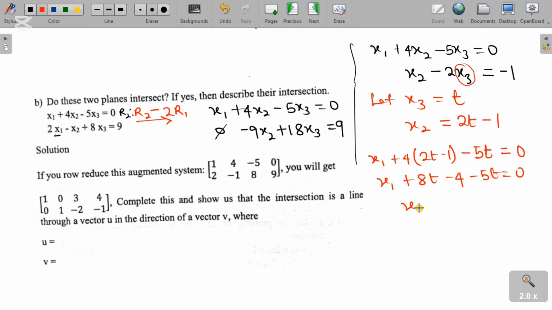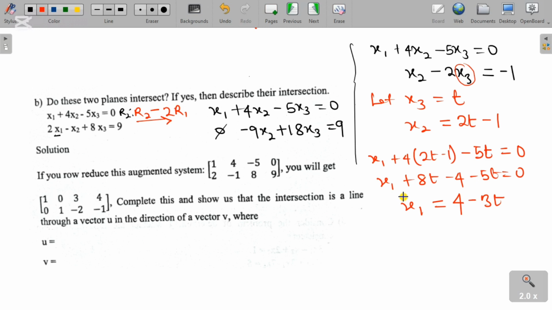So I'm going to get that x1 is equal to, if I bring over 4 here, minus 4 will become 4. Now 8t minus 5t will be 3t. If you move it over, it will now become minus 3t. Okay, so I've gotten the 3 values for x, that's your x1, x2, x3.